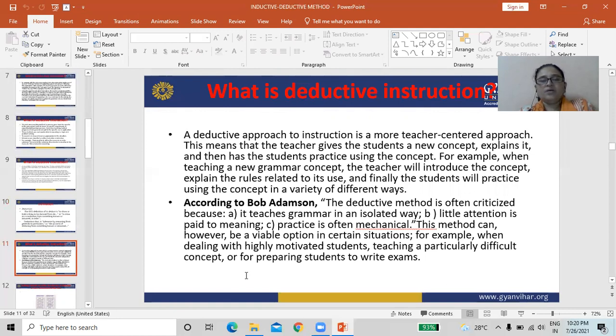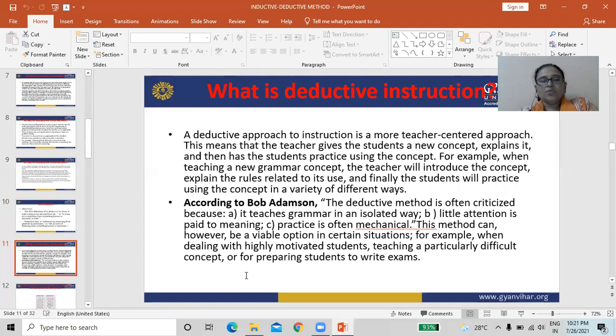For example, when teaching a new grammar concept, the teacher will introduce the concept, explain the rules related to its use, and finally, the student will practice using the concept in a variety of different ways.